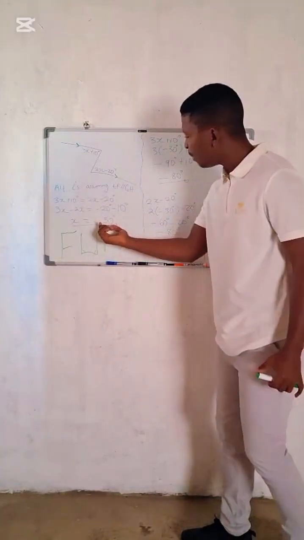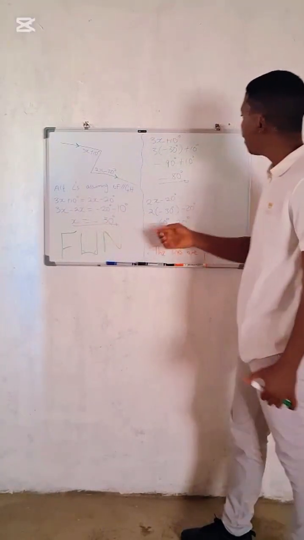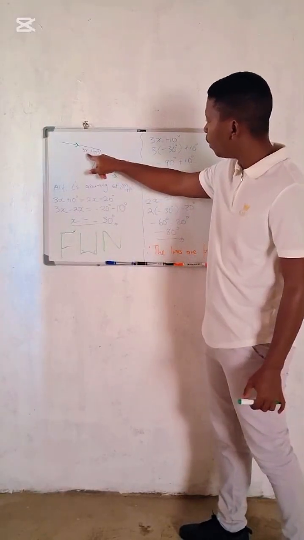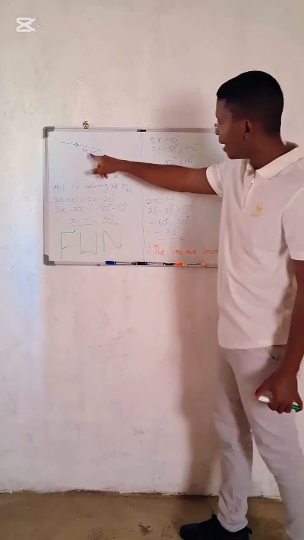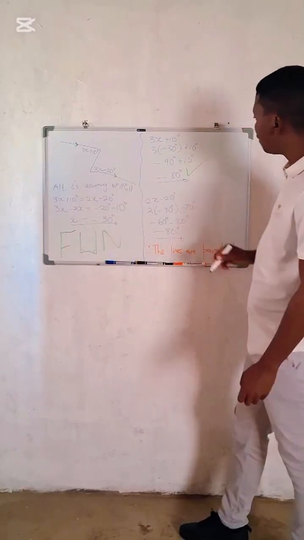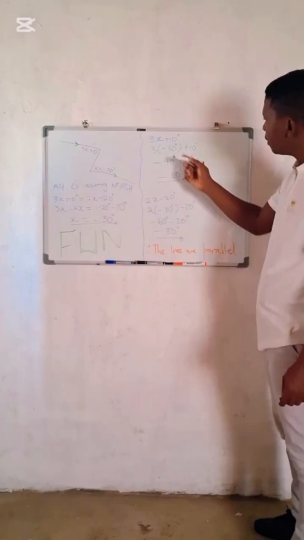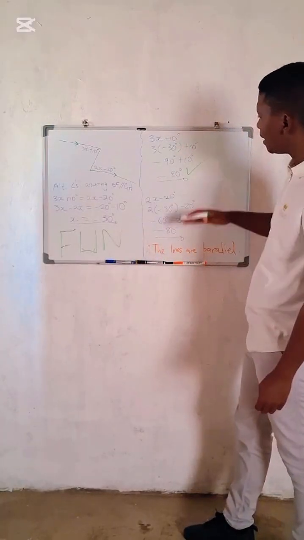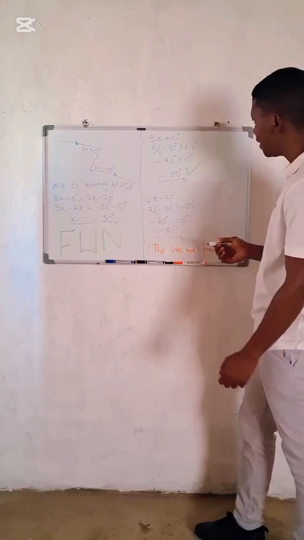Then when I found x as negative 30, I had to check the actual value of this angle. Substituting, then simplifying, I was treating this as an algebraic expression.